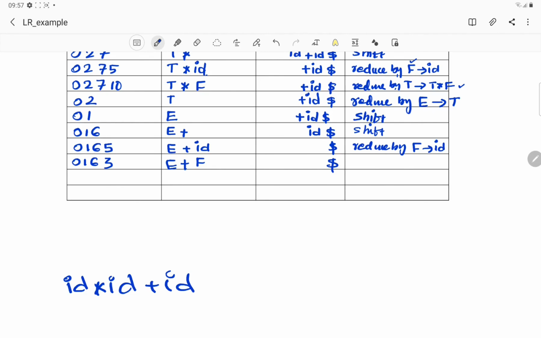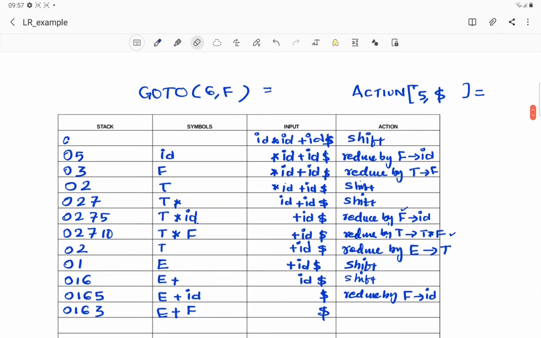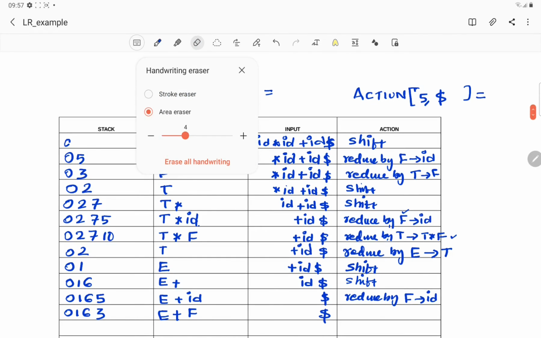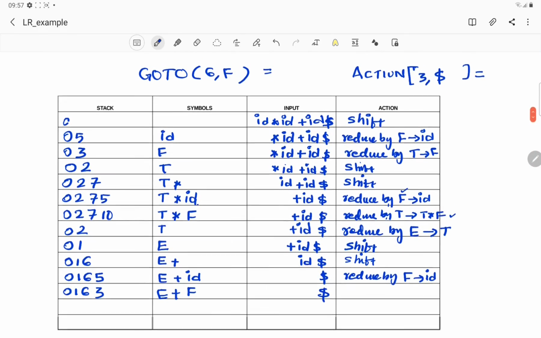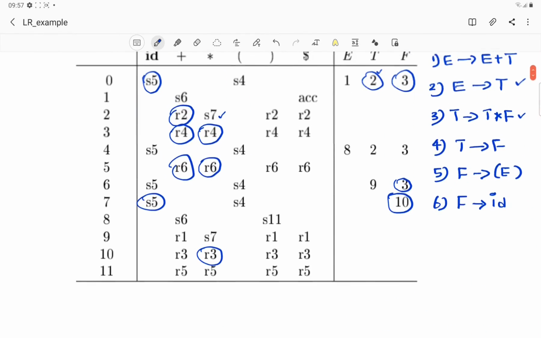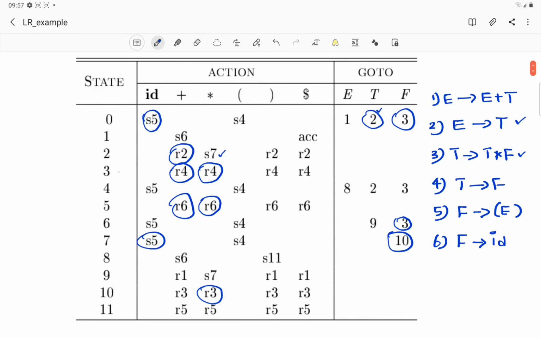Now the stack top is 3. Next input symbol is dollar. So we need to compute action of 3 comma dollar. What is action of 3 comma dollar? It is R4, reduce by 4.